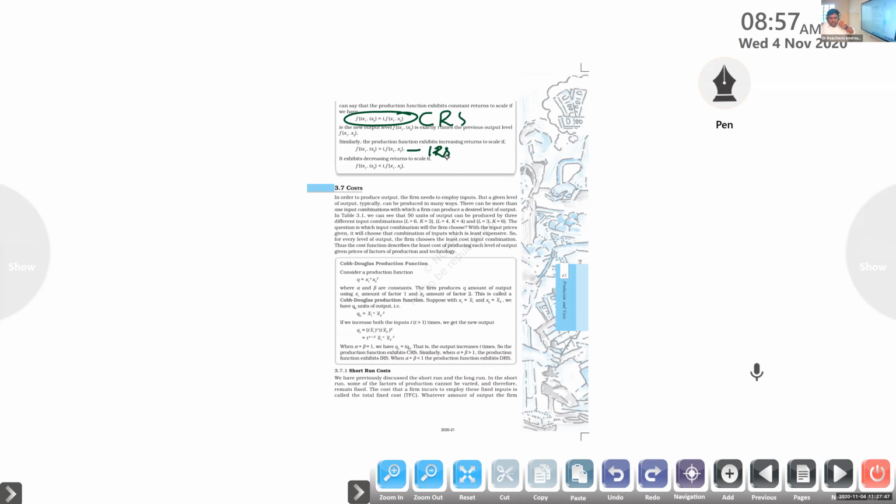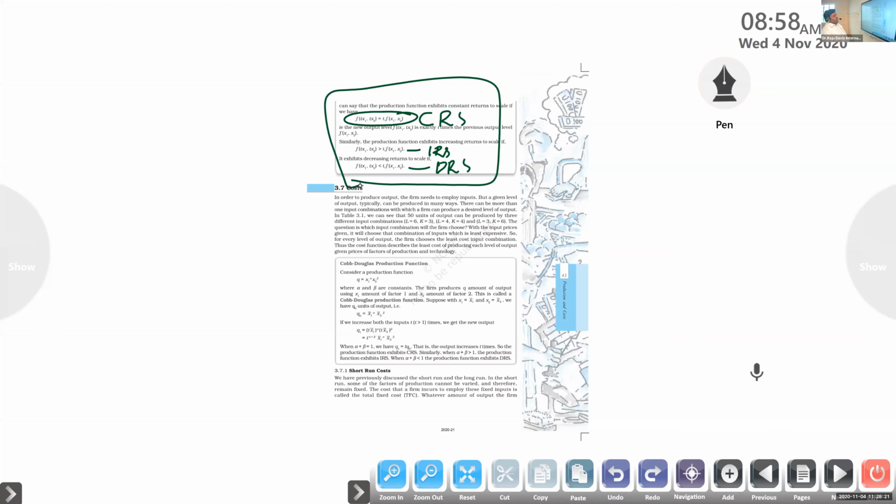Next, the third one: it exhibits decreasing returns to scale, DRS, if f of tx1 and tx2 is less than t multiplied by the function of x1 and x2. These equations you need to understand thoroughly: the equation for CRS, the equation for IRS, and the equation for DRS.